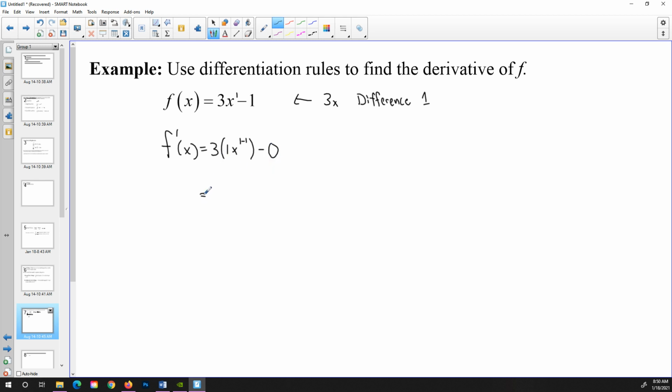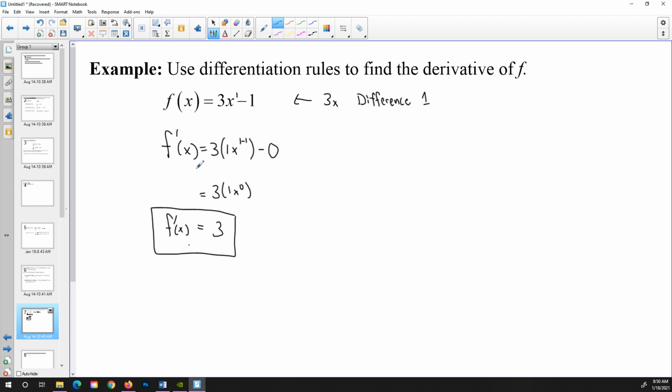All right. And so 1 minus 1 is 0, so I have 3 times 1x to the 0 power, and then I'm not going to write that, and anything to the 0 power is 1, so this thing is just going to be 3. So our first derivative of this expression is just going to be 3.